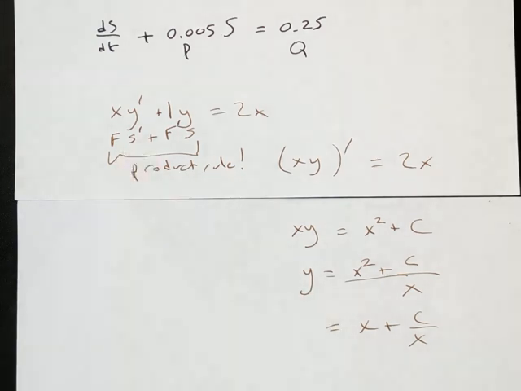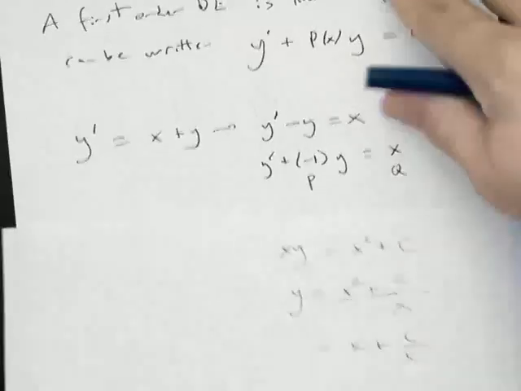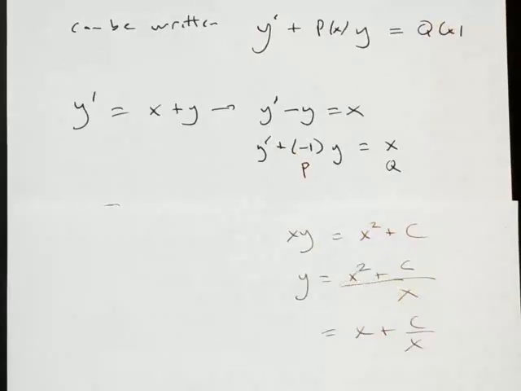I got lucky that I recognized this is a product rule. I don't like luck. I would like to ensure that I always have a product rule. So let me look at our other linear equation.